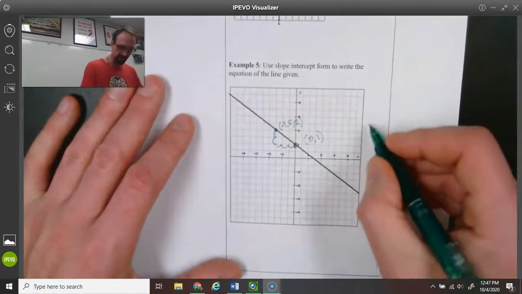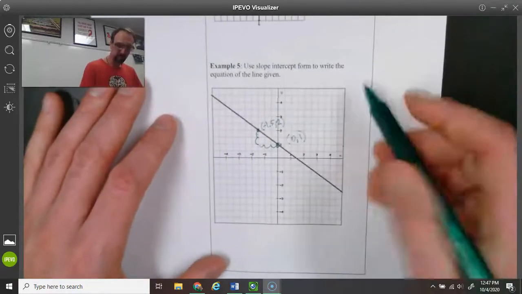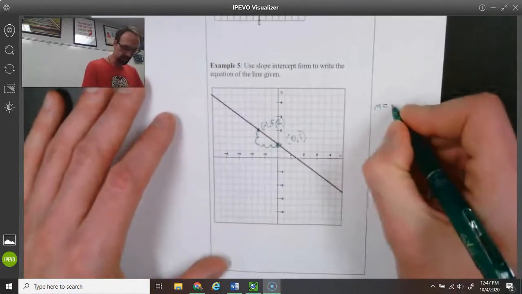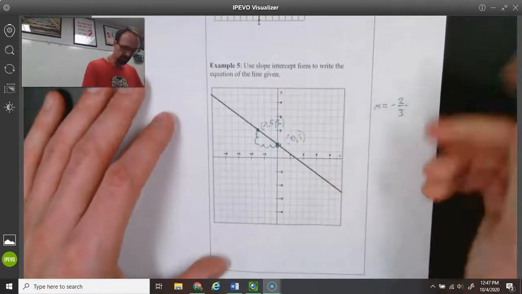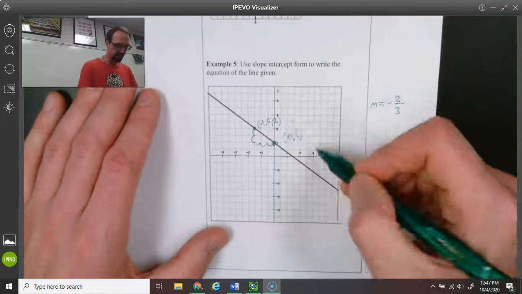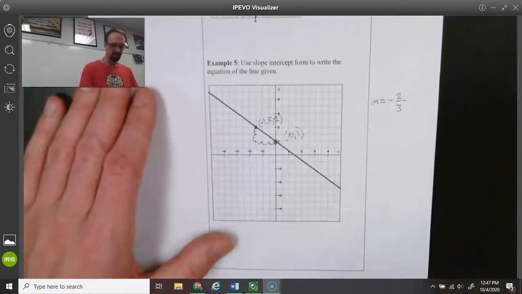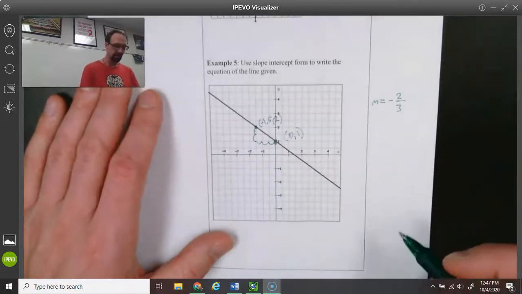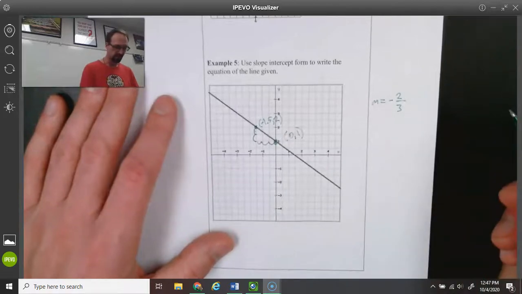So my slope here is m equals negative 2/3. You can also follow 2 minus 1 over negative 1.5 minus 0, and see that it gives us that too.